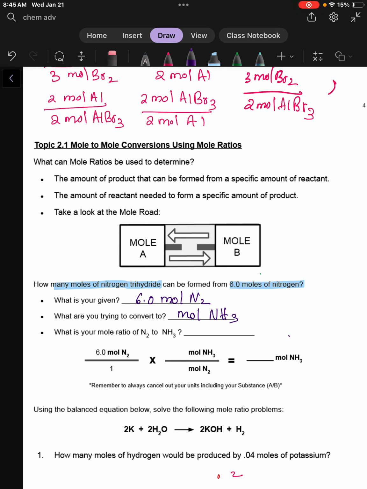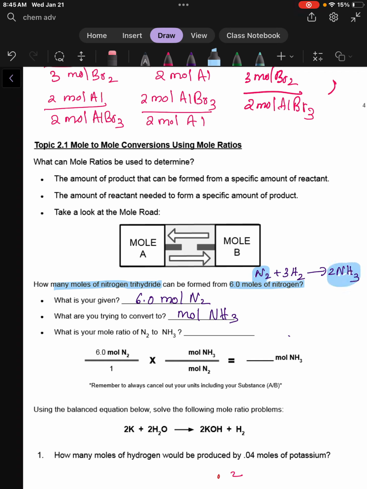That means you need a ratio between these two. And remember, I'm going to write the equation one more time. N2 plus 3H2 giving 2NH3. So we need a ratio between what and what? We need a ratio between this, your given, and this, your unknown.